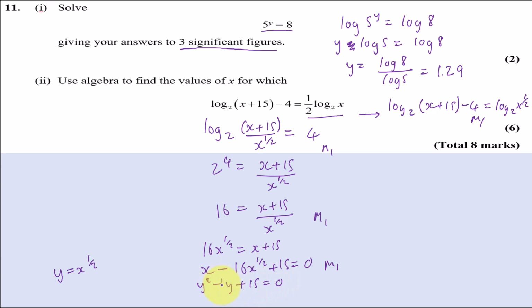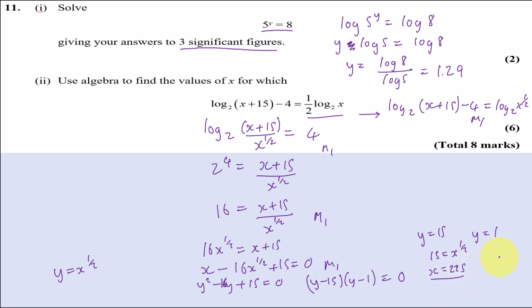That's got to be 15 and 1, minus 15 and 1, equals 0, so we have y equals 15, y equals 1. Remember, y equals x to the half. So 15 equals x to the half. So we square both sides, which is like multiplying this power to make that 1. X equals 225.